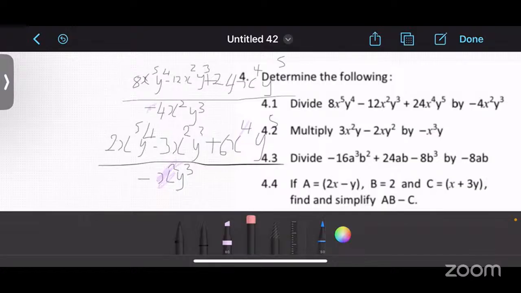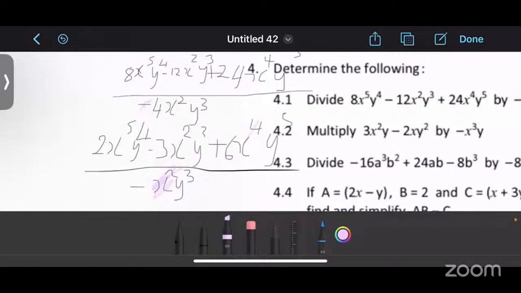So it's going to give me 8x to the power 5, y to the power 4 minus 3x squared y cubed over negative x squared y cubed. Do you see that the x here has the power of 5 and the x here has the power of 4?